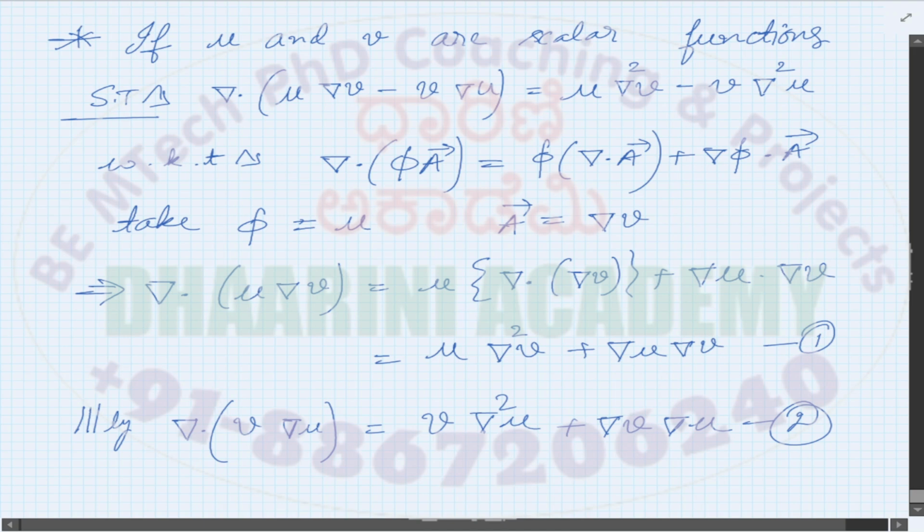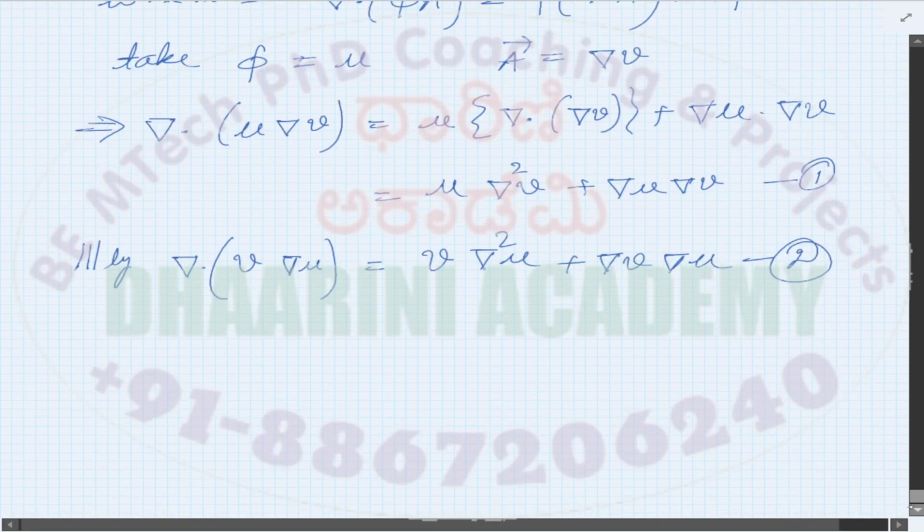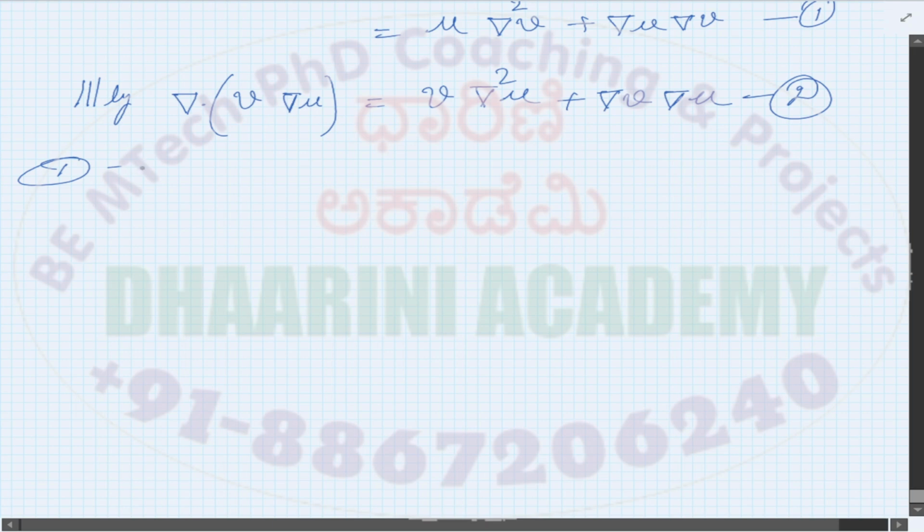Equation 1 minus equation 2 gives: del dot of u del v minus del dot of v del u on the left hand side, is equal to, on the right hand side I can see that the del u dot del v gets cancelled.